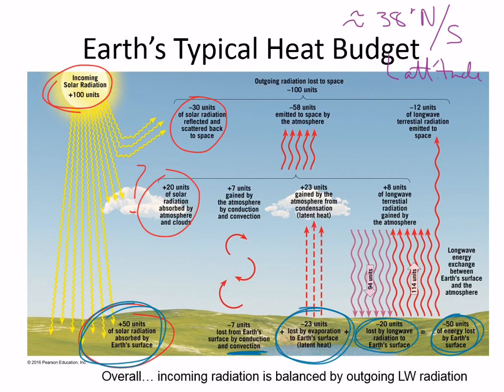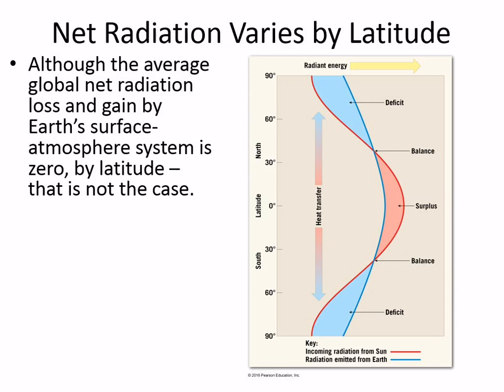Let's see, 38 North America. 30, 45, 38-ish. That's Missouri. Okay, Missouri, I'll buy that. So about Missouri, their energy budget, what comes in goes out. Yeah, so let's take a look at how that works.